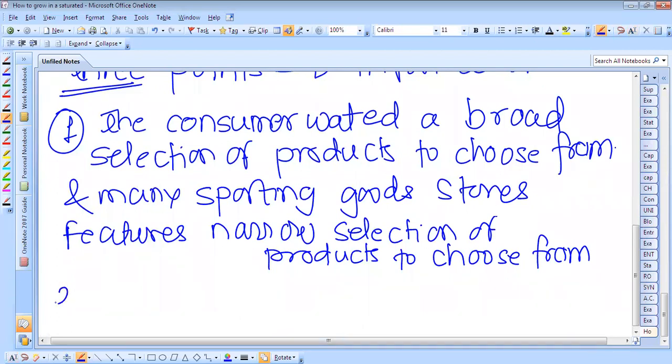The second point he got after doing the research is that although the industry is saturated, there were several important geographical areas with few competitors.